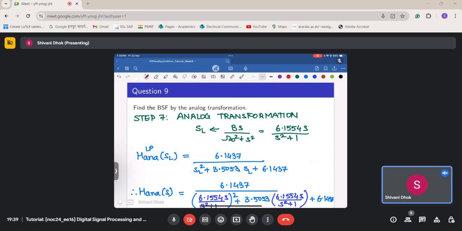However, when we have a high pass filter, it's simply omega p by s. So it is still an order 1 transformation, so there won't be any change in the order of the filter. Here, however, we'll have 2 times the order of the low pass filter which we had designed.